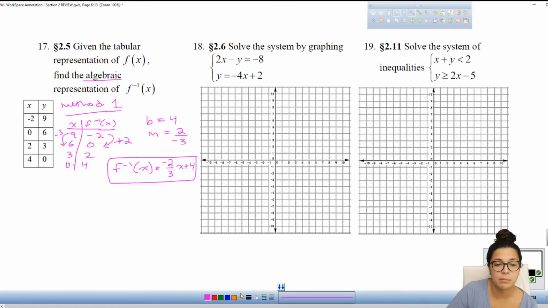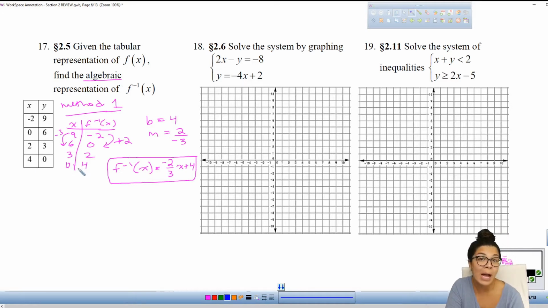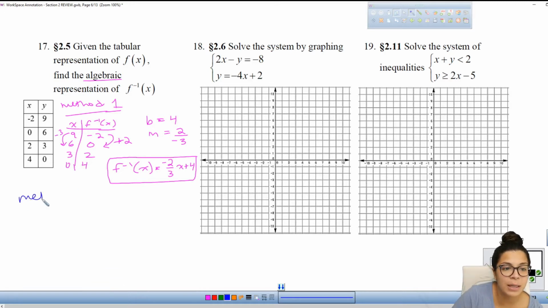So that's method 1. Really easy, because we already had the x-intercept of the original, which would be the y-intercept of the inverse function. Now, method 2 is doing the equation of the original first. So with the original, the y-intercept is right here. The y-intercept is 6.